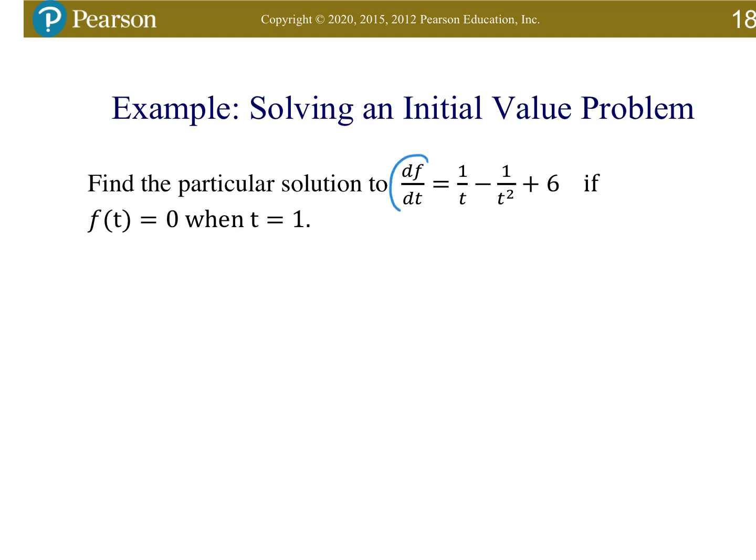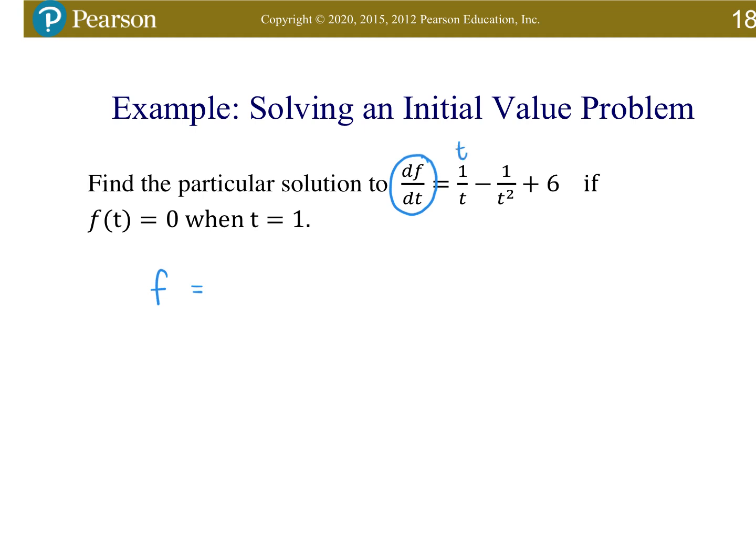If we have df over dt, what can we turn that into? F. If we have 1 over t, what can we turn that into? Let me show you the trick. Turn both of these into their powers. What do we turn 1 over t into first?